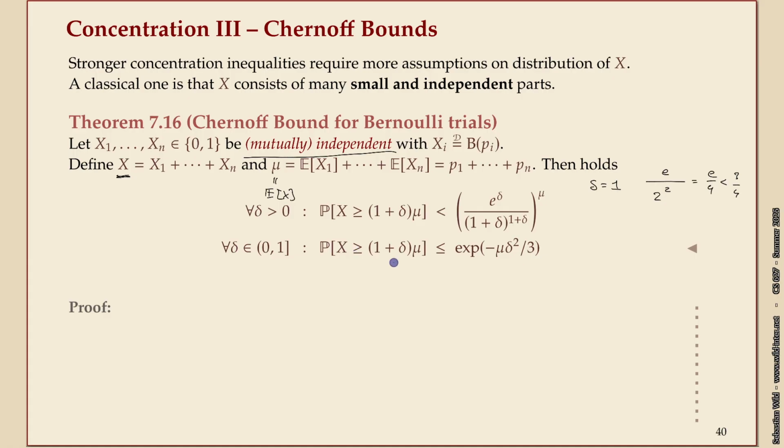And you can prove a weaker version for a specific delta where just the right-hand side is a bit more convenient to work with. So the second equation follows from the first. That's just if you make the assumption that delta is less than 1, then you can bound things in that way.